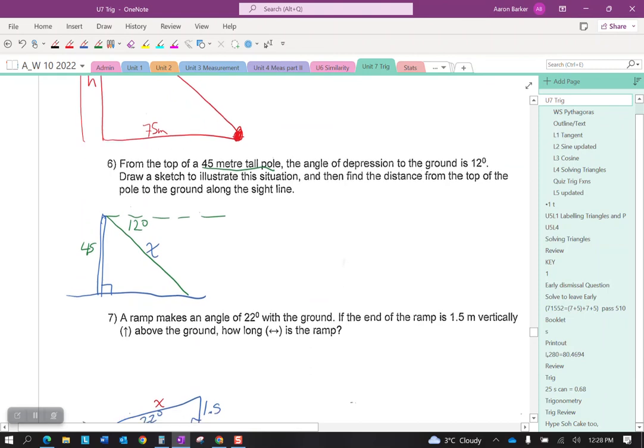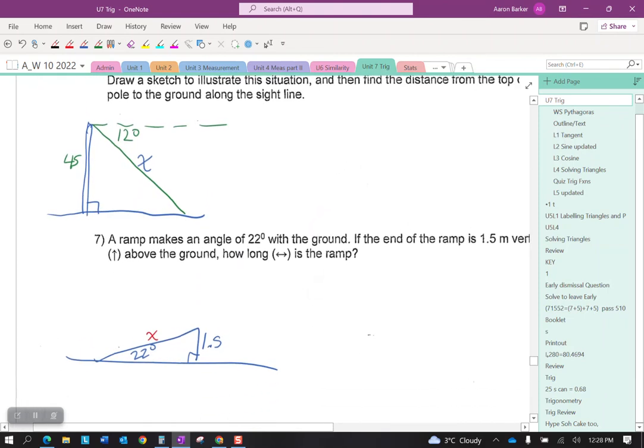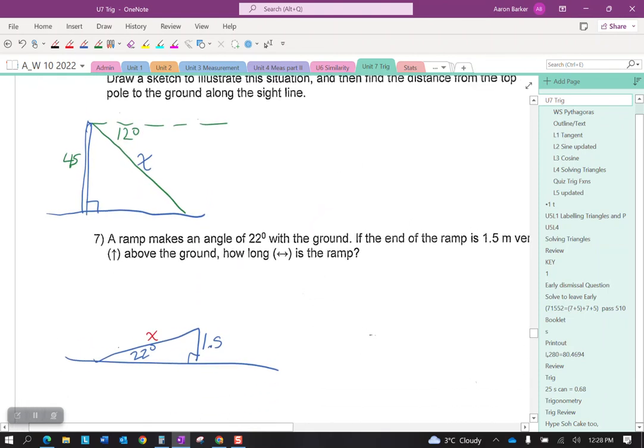Last one. Okay, so you got the ramp. X is the ramp. Height is 1.5, 22 degrees is the angle in the bottom. Okay, you want to figure out how long is the ramp.